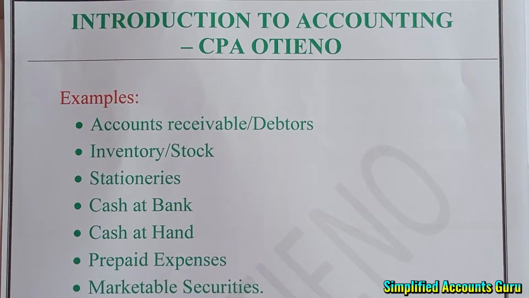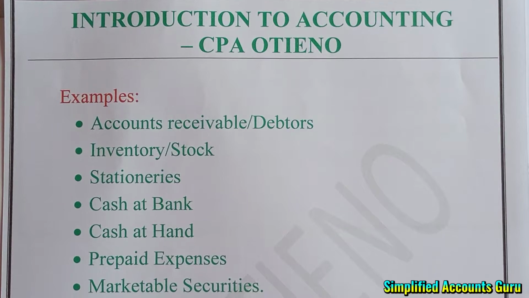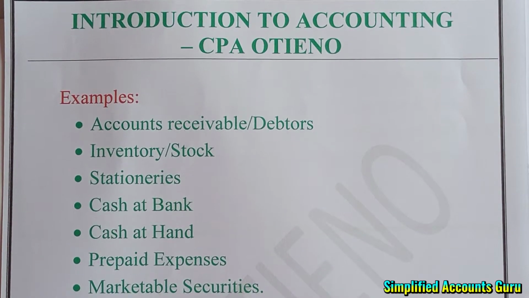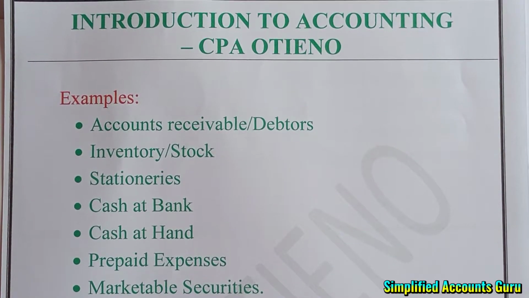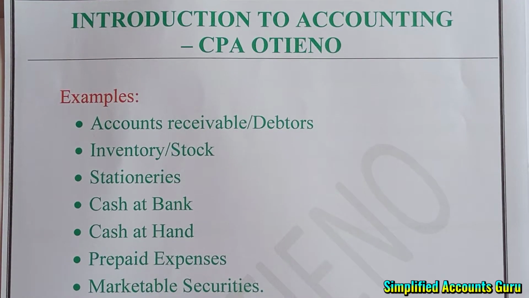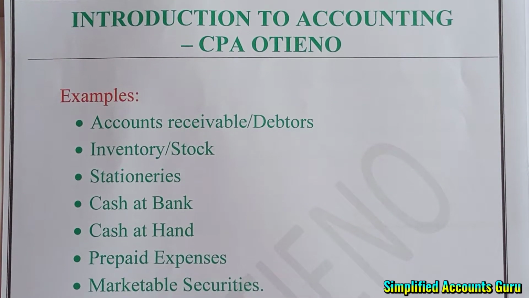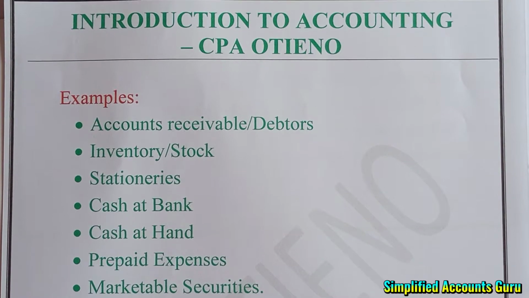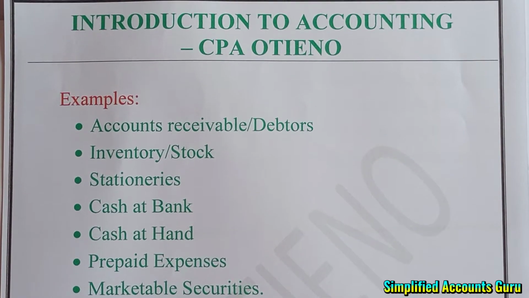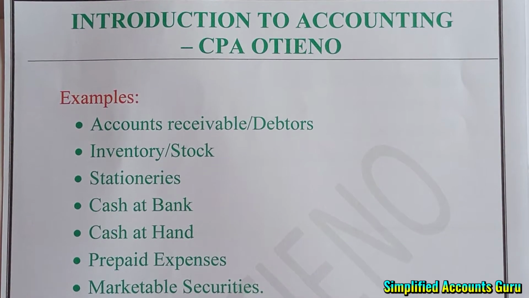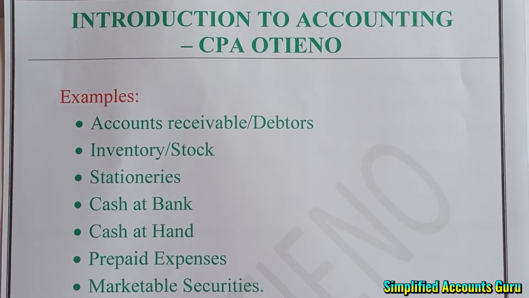Then you ask yourself the last question that makes you categorize them under non-current assets or current assets. The last question should be, these items that we've already identified as assets, are they expected to last in the business for more than one financial period or not?